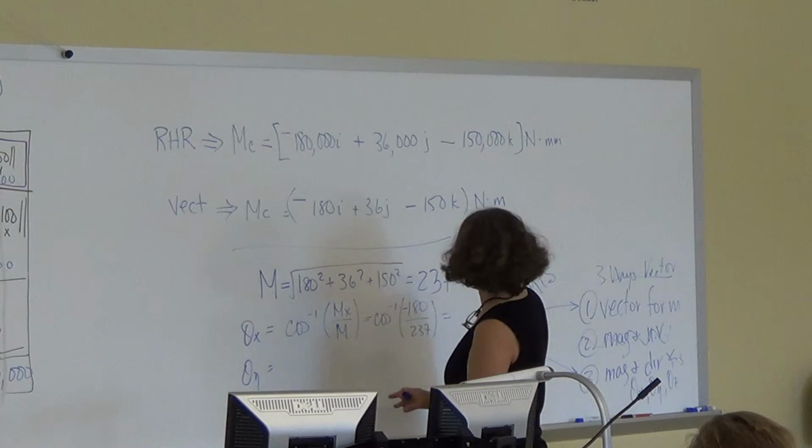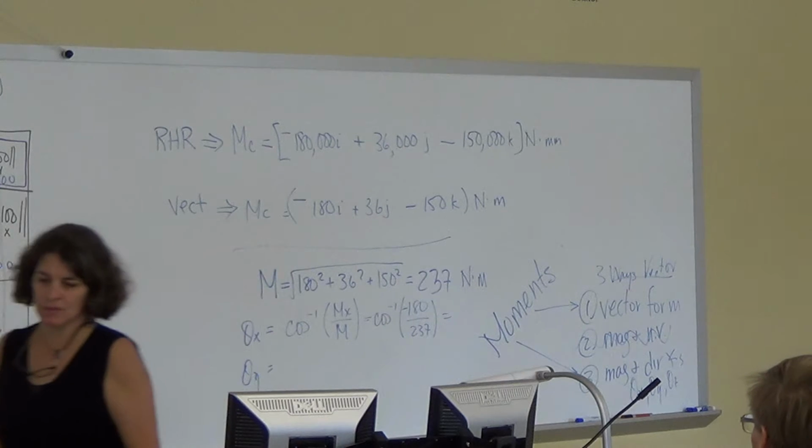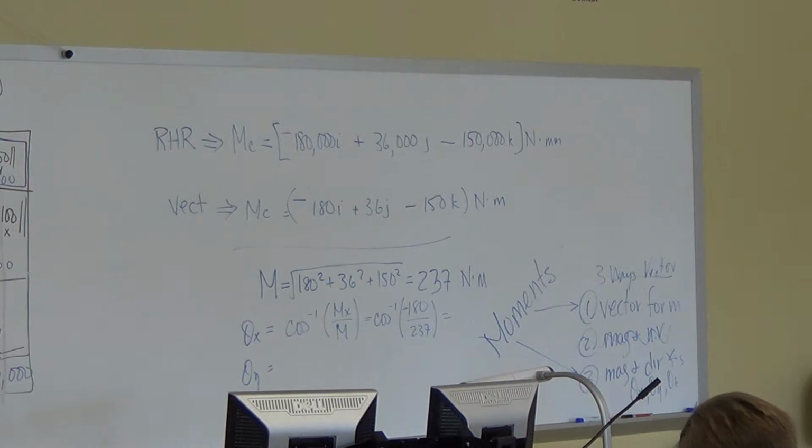And then we do these two. You might have to calculate it because I forget where I put the sheets. You could also do tan inverse of the y component over the x component, but typically you don't want to do that.